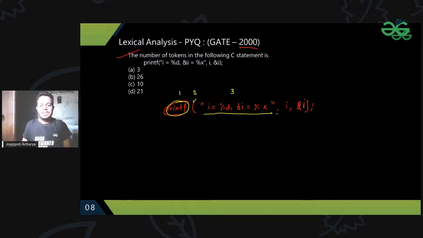Now this comma will be our token number 4. Now I will be token number 5, then this comma token number 6, and percent will be token number 7, then this I is token number 8, and the ending braces is token number 9, and finally this one should be token number 10. So overall we get 10 tokens.